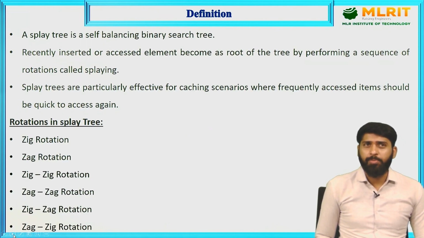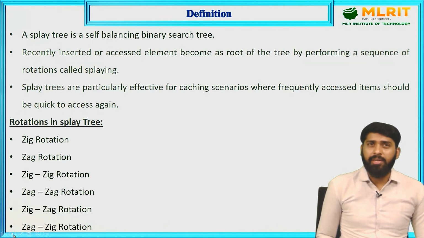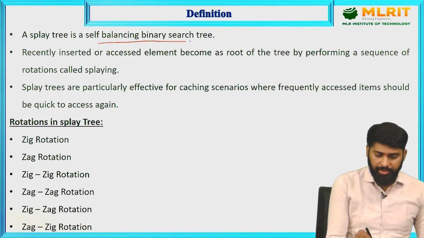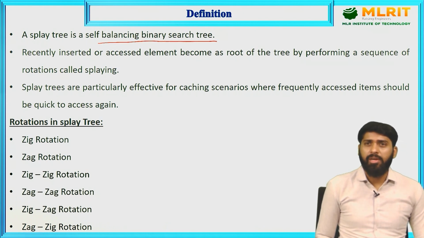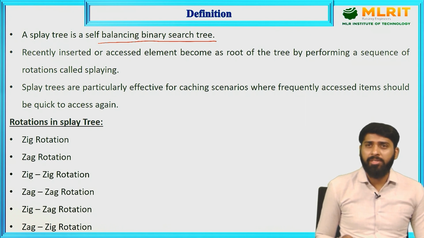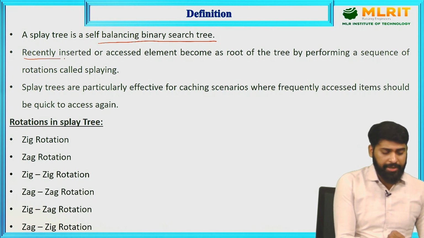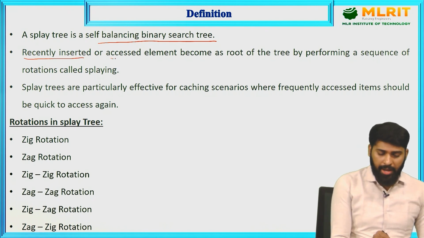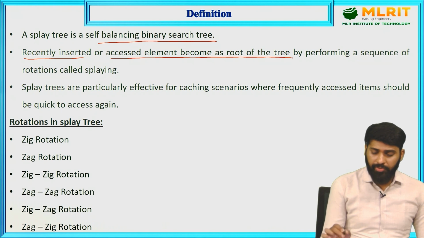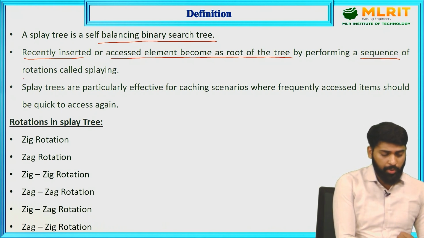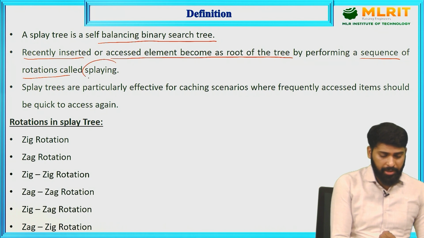Definition of splay tree. A splay tree is a self-balancing binary search tree. A splay tree is also a self-balancing binary search tree like AVL tree and red-black tree. In a splay tree, the recently inserted or accessed element becomes the root of the tree by performing a sequence of rotations called splaying.